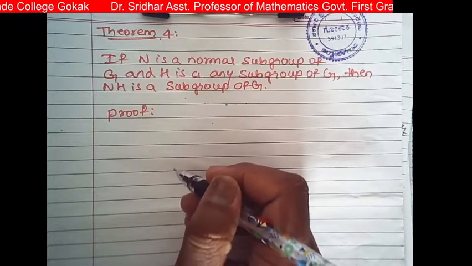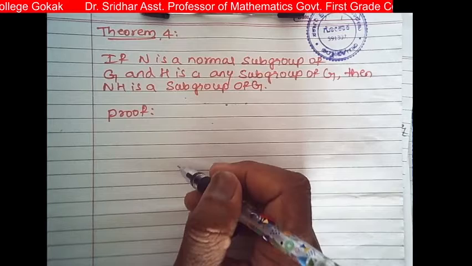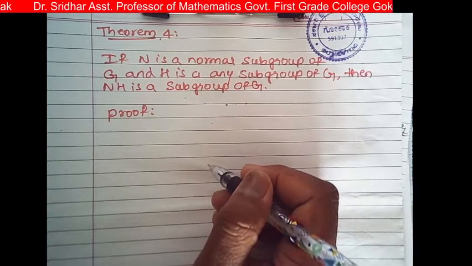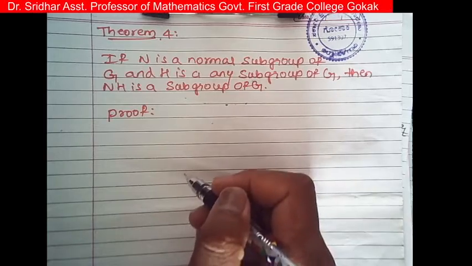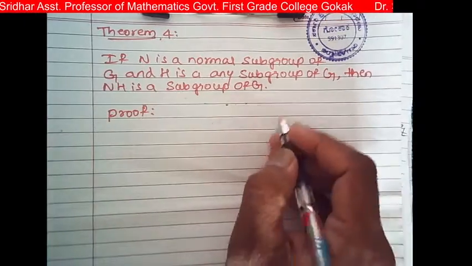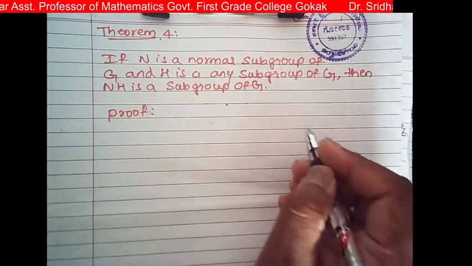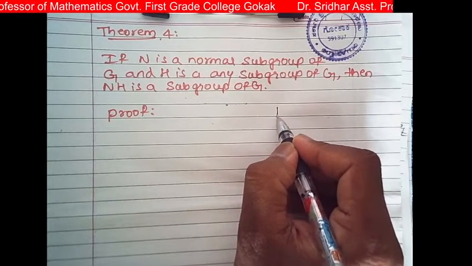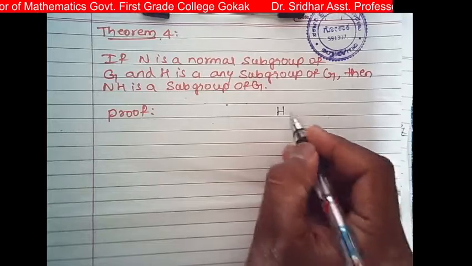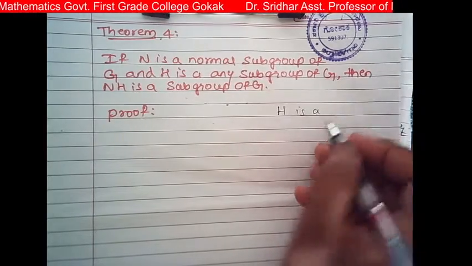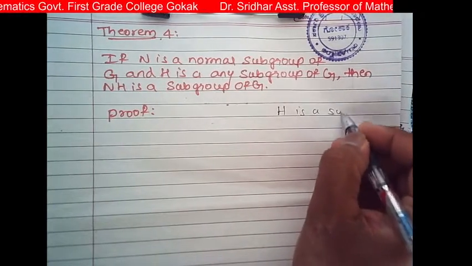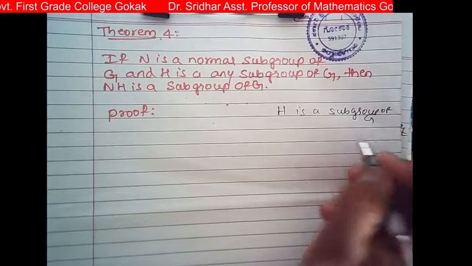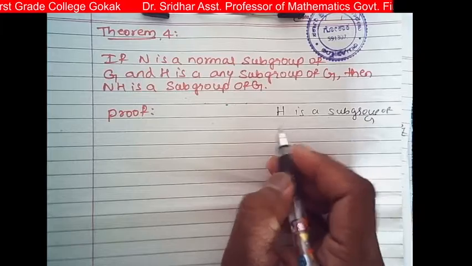To show that any set is a subgroup, we prove one condition. If we want to prove H is a subgroup of G, then what we have to show?